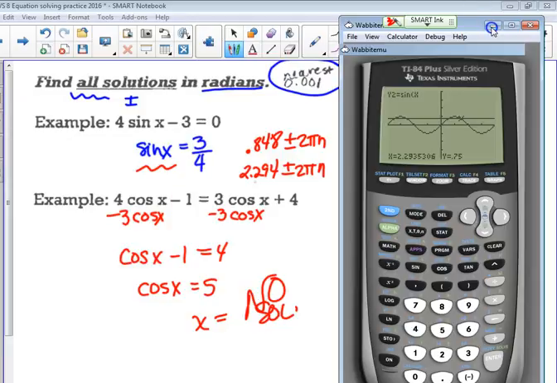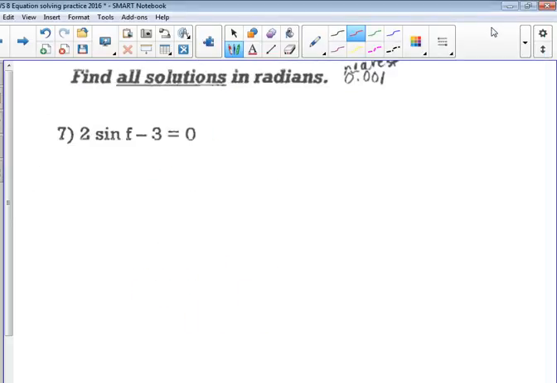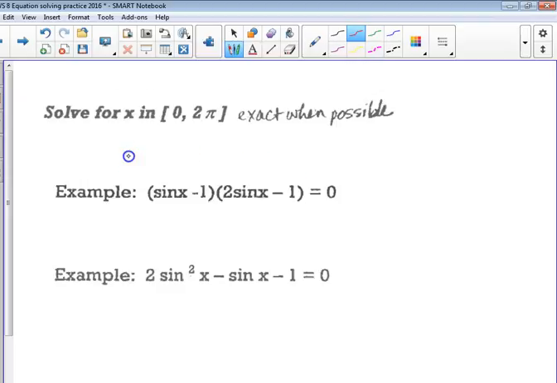I don't know, where do you want to go next? All solutions in radians? That looks like a no solution, number 7 to me. 3 halves, that's a no solution, right? Somebody pick one that looks like it might be a factoring question. Oh, these are already factored. Let's do this one super fast.